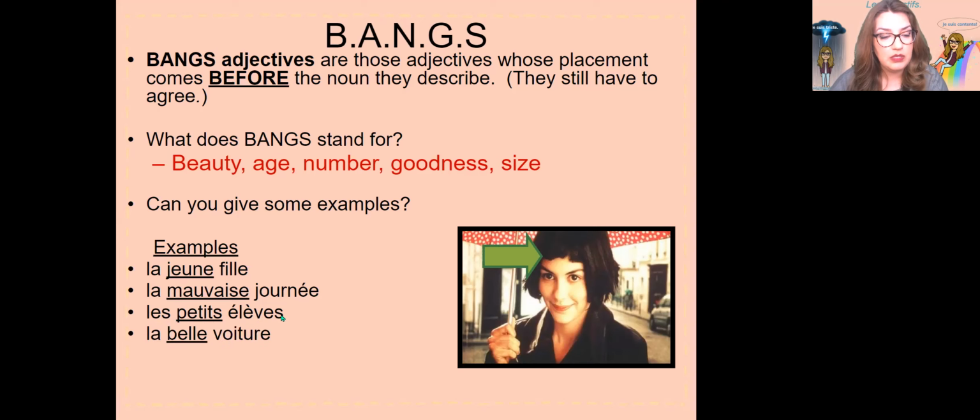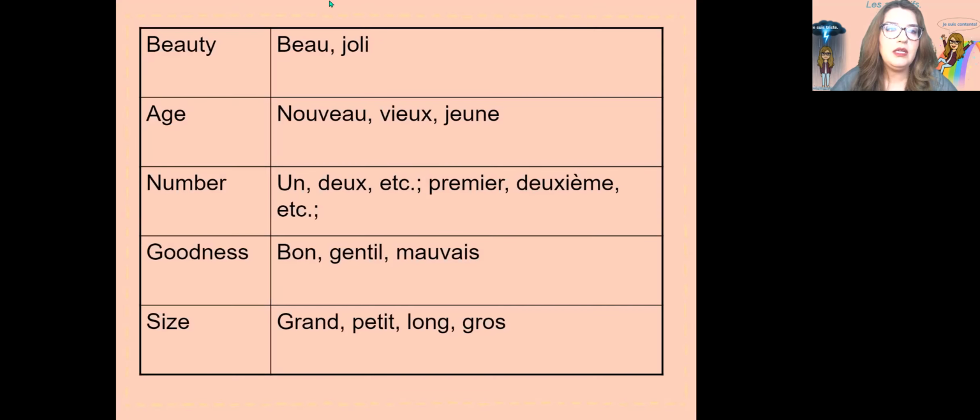The little students. La belle voiture, what category is it? Beauty, age, number, goodness, or size for belle? It's beauty. You're right. La belle voiture, before the noun. Here is bangs in another form. Voila. Beauty: beau, joli.